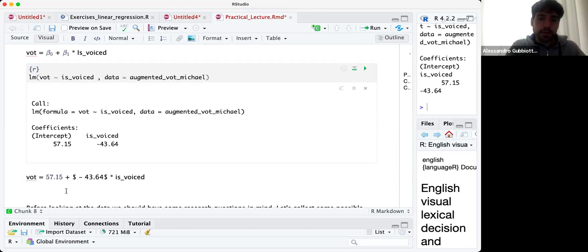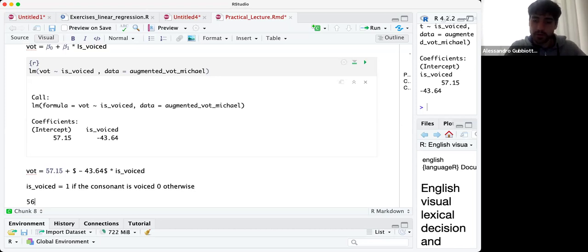The variable is voiced that we have defined is equal to 1 if the consonant they are pronouncing is voiced or not. So, what is 57.15 in this case?